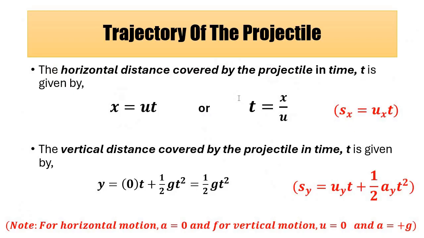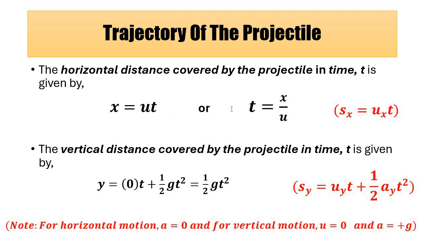Now at this point, the horizontal distance covered Sx is equal to ux into t. After a certain period of time t, simply velocity multiplied with time. Here the x component of displacement is equal to the x component of the velocity, that is ux into t, so that is equal to ut.